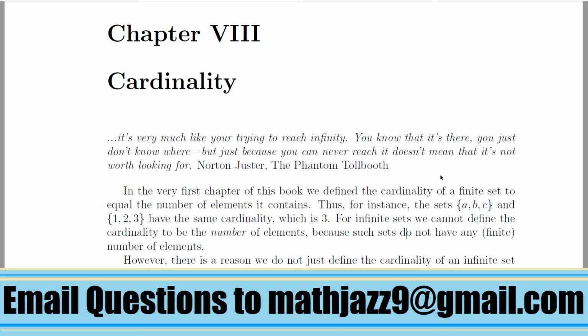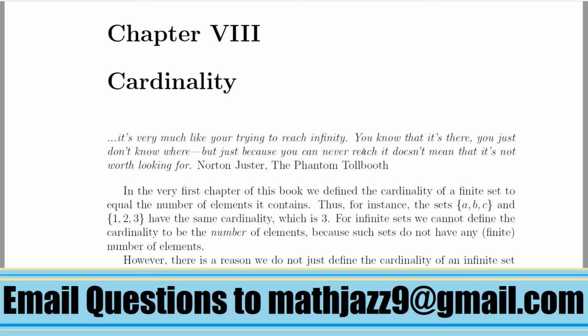Cardinality is a way of measuring the size of a set. We did this at the beginning of the semester just by counting the elements. That's what cardinality is for a finite set. However, it's hard to count how many things are in an infinite set.